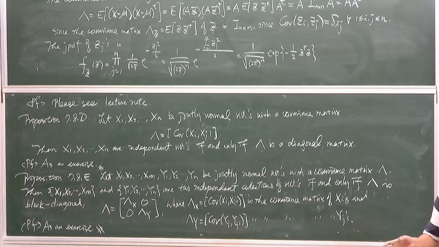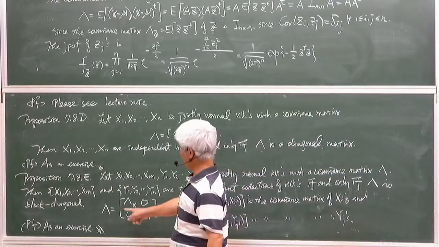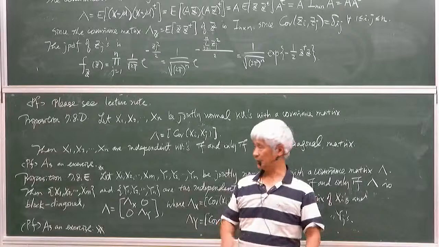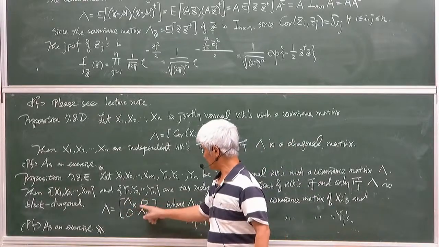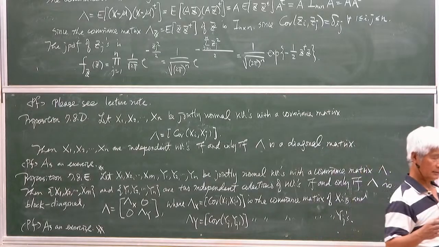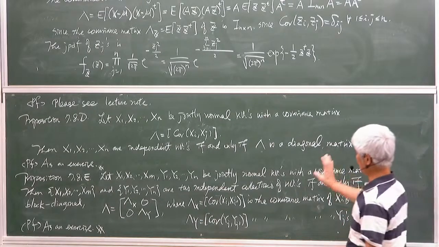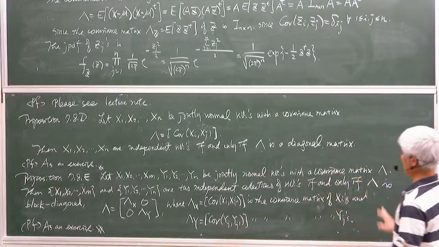And if the covariance matrix is block diagonal, then the jointly normal random variables can be partitioned into collections, and all these collections are independent collections of random variables. That is pretty nice to see.